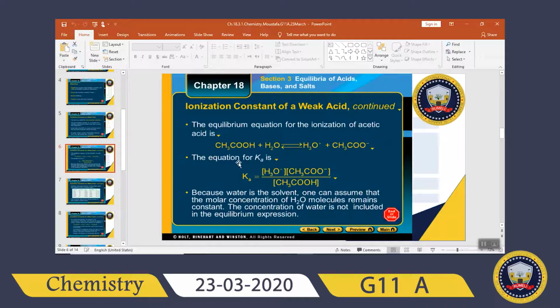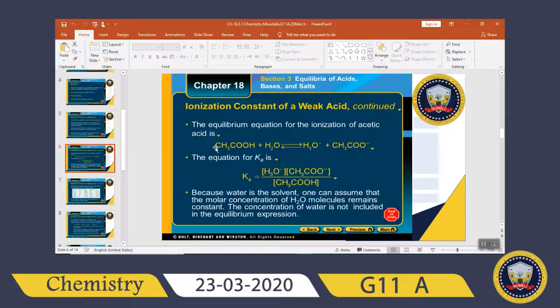So the equation for Ka, in the same way as K equilibrium, Ka equals the concentration of the hydronium ion to the power of the coefficient times the concentration of the acetate ion to the power of the coefficient. Here the coefficient equals 1 because the equation is balanced.